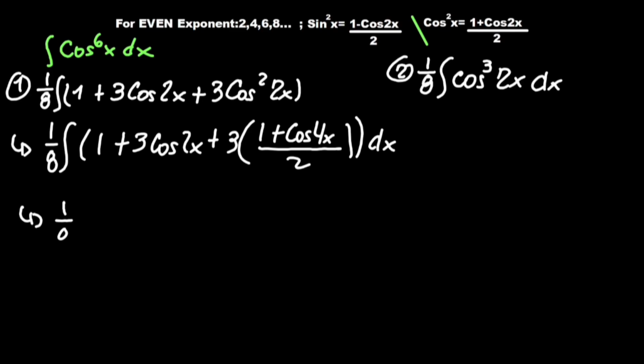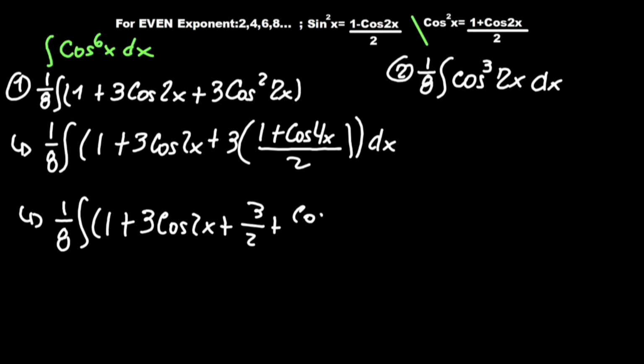And so this would be 1/8 integral of 1 plus 3 cosine 2x plus 3 over 2 plus cosine of 4x over 2. Add 3 halves and 1, which is 5 over 2.